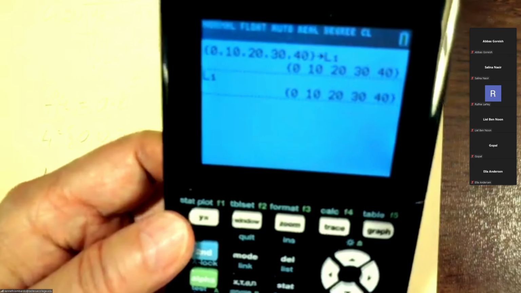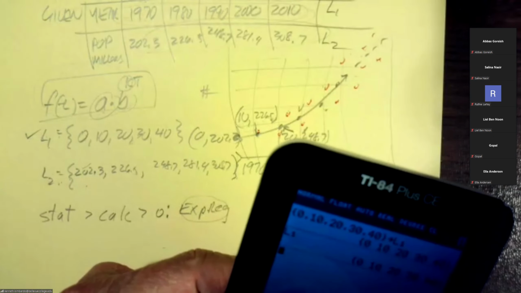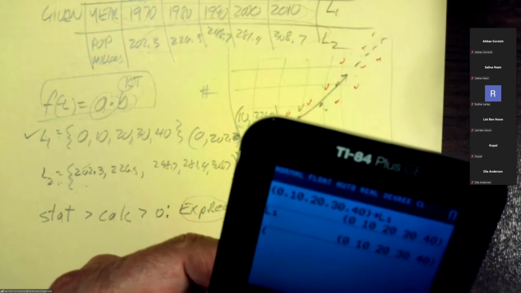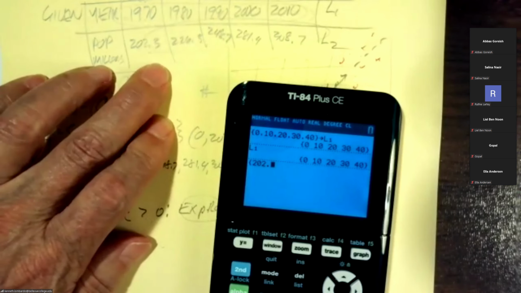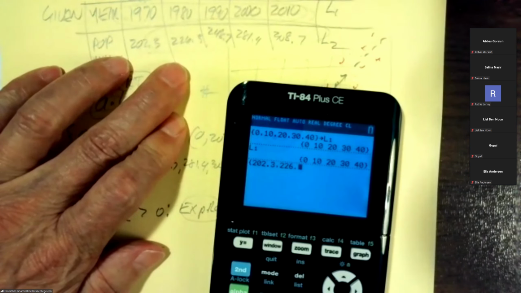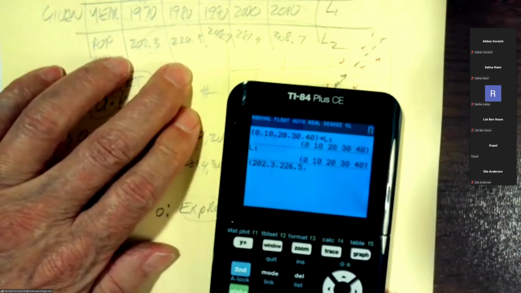That looks good, that's what I wanted. Then let's set up for list 2. So I'll do my brace, and I'll put in the other values: 202.3 and 226.5. Where do we find the commas, Professor?